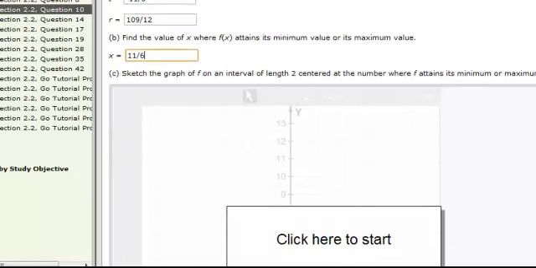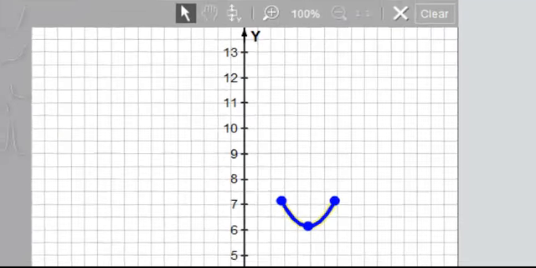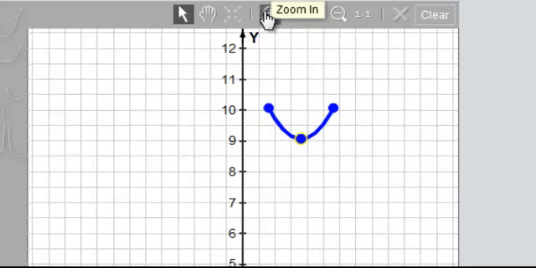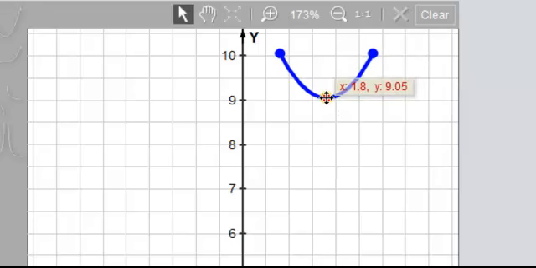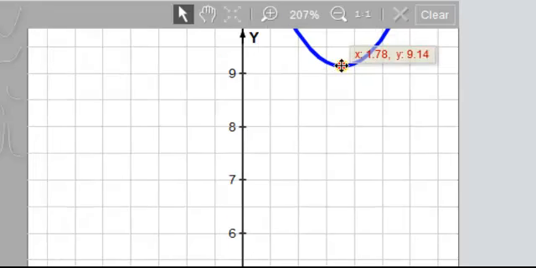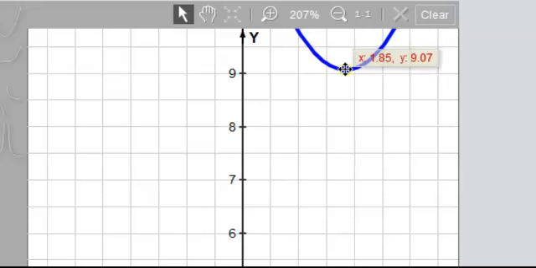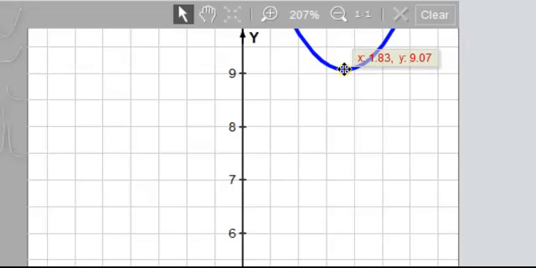Okay, so now let's go down here and sketch the graph. We know we want a parabola. And what is my vertex? 1.83, 9.08. Let me see if I can zoom in. There we go. Zoom in more. 1.83, 9.08.